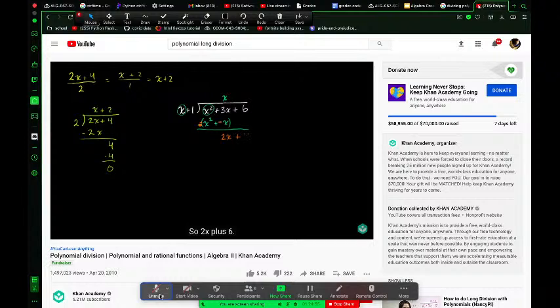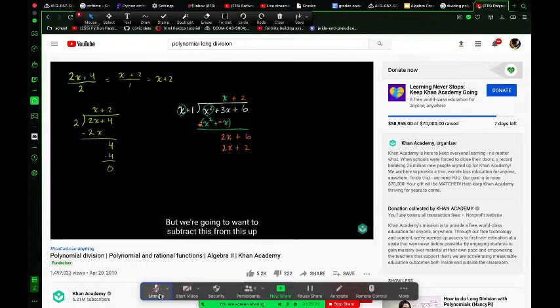So 2x plus 6. Now you look at the highest degree term, an x and a 2x. How many times does x go into 2x? It goes into 2 times. 2 times x is 2x. 2 times 1 is 2. So we get 2 times x plus 1 is 2x plus 2.